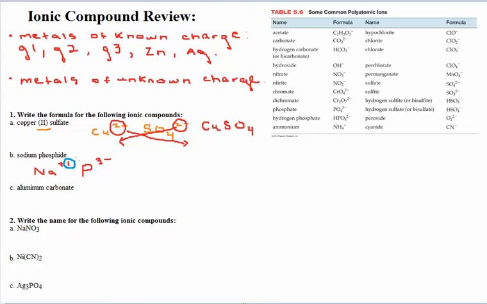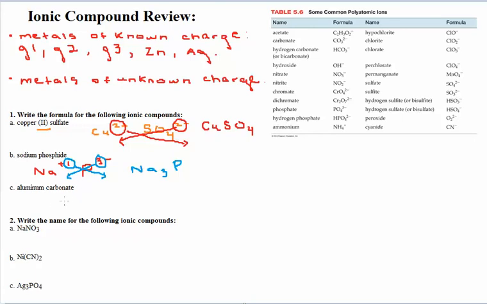The charge of 1 becomes a subscript of P, the charge of 3 becomes a subscript for Na, so this will be Na3P. And that's my formula for sodium phosphide. Remember, the reason why I'm crossing my charges is to make sure that the formula I create has no charge, because ionic compounds cannot have a net charge.